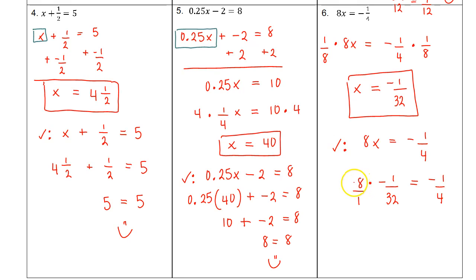And now for some cross reducing. 8 goes into itself 1 time, 8 goes into 32 4 times. I'm looking at my numerators. 1 times 1 is 1. My denominators, 1 times 4 is 4. Of course, I had a +8 times -1 over 32. So I have a negative product, and -1/4 equals -1/4.